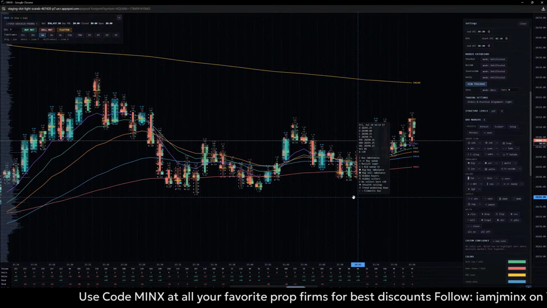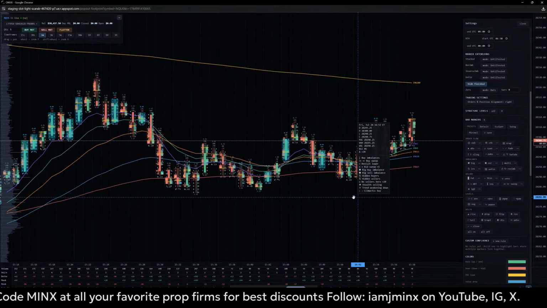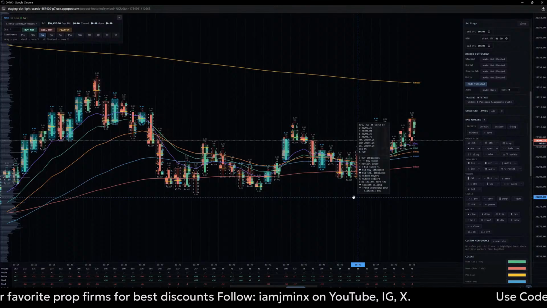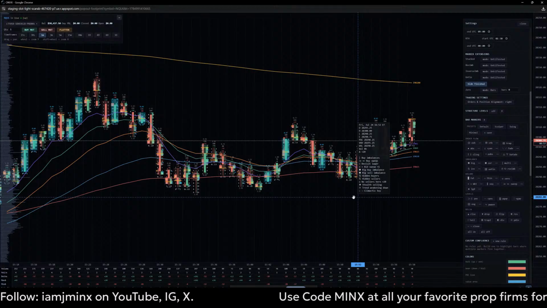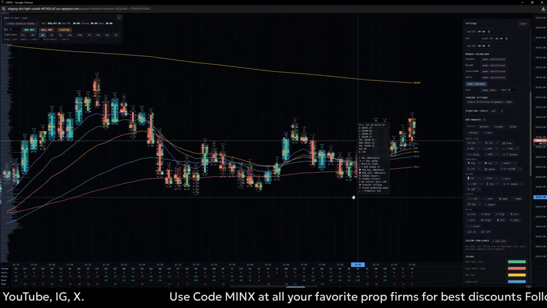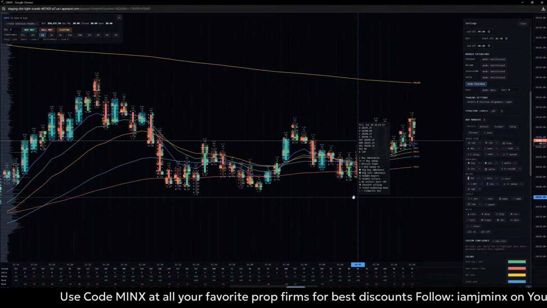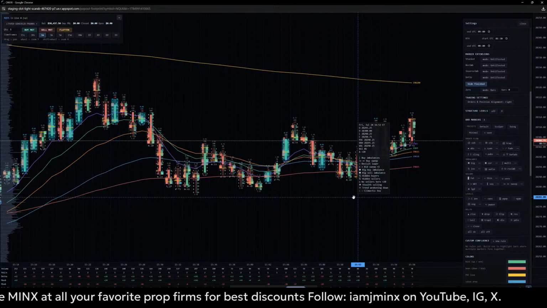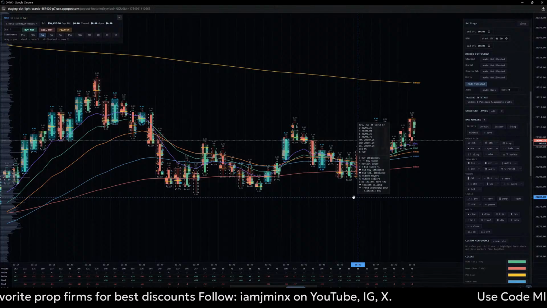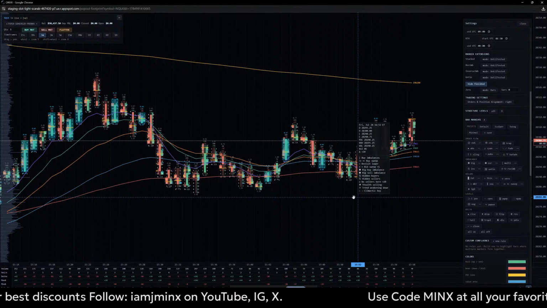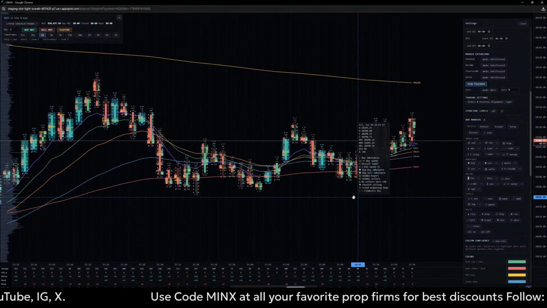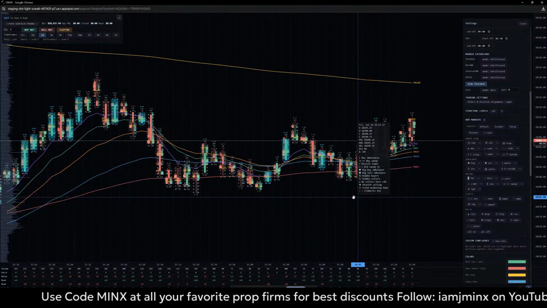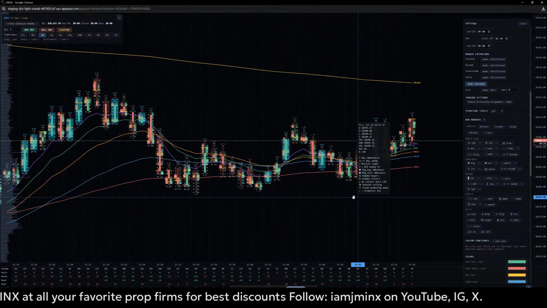To me, what I use with order flow footprint just gives me less drawdown, so I can get in and get out faster. Especially if you're scalping, trying to get in and out, you can scalp your way through with some of these just by looking at the order flow footprint.